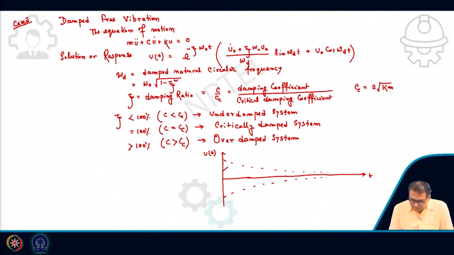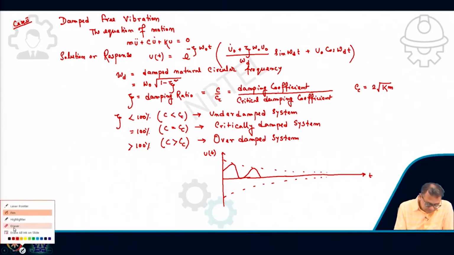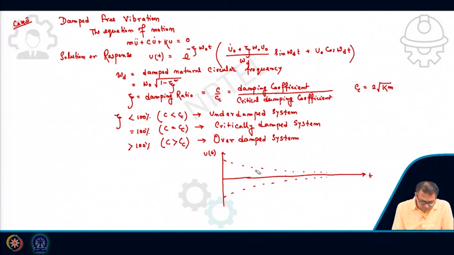Okay, so you will get this type of curve, from the initial value, so like this. Okay, so this is my u0 initial value and the slope will give you u0 dot.